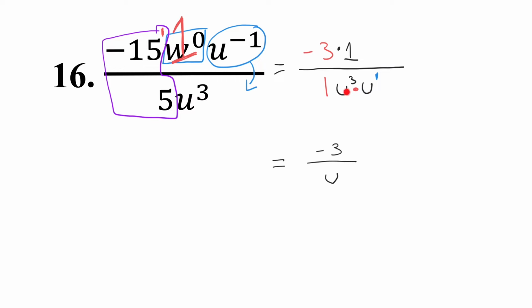We are multiplying those two u's, so keep the u and you add the exponents. The 3 plus the 1, and that's going to be 4. Now the 1 next to the u, we don't need it. You can make it invisible. So you do have an invisible 1, but since we already have the u on the bottom, that is your answer, negative 3 over u to the 4th power.